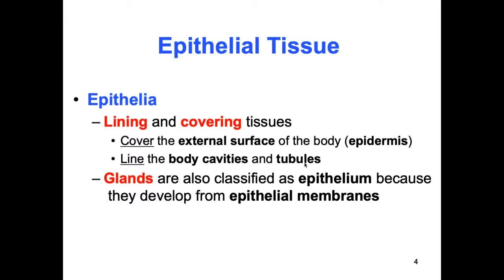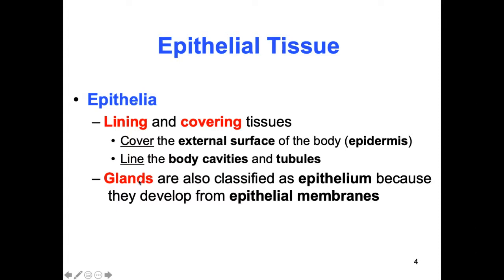We have arteries and veins, again, just a bunch of long tubes. We have the reproductive tract, it's a tube. The respiratory tract, it's another tube. So I want you to think of many of the systems in the body, even the urinary tract, as synonymous with tubes. So we're going to find a lot of epithelium within the tubular system.